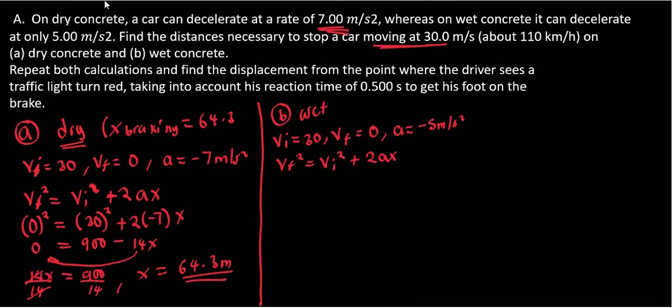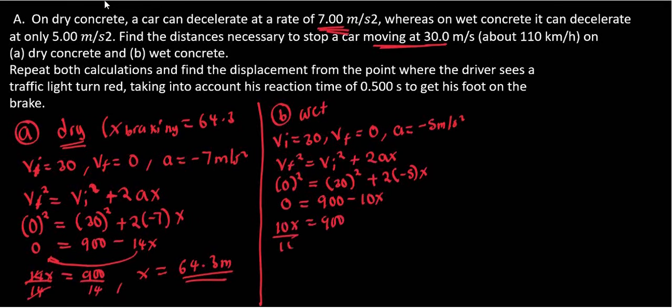Remember the final is 0. Our initial is 30. Our acceleration is that. So you have 0 on this side, then this side is 900 minus 10x. So this 10x will come to this side, meaning positive 10x equals 900, then you divide by 10.